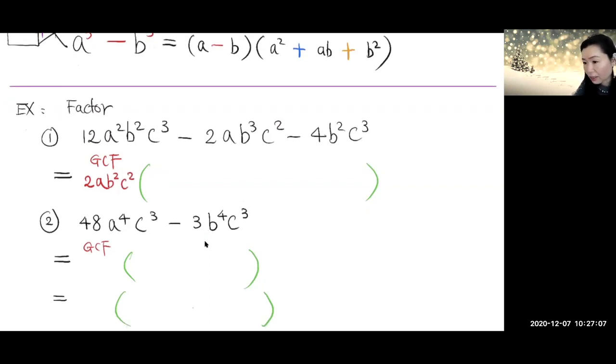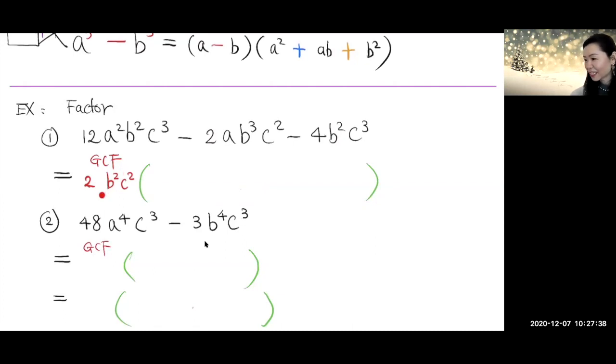Oh, did I make a mistake? Do you guys catch my mistake? The a shouldn't be here, because this one has no a, right? So a is not a common factor. So it's 2b squared c squared.